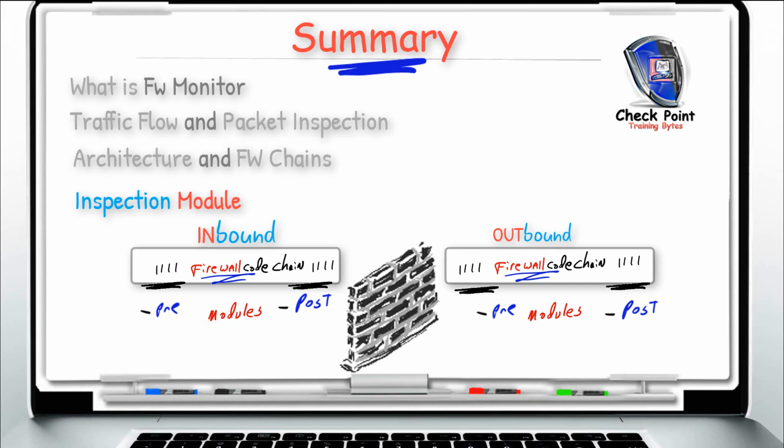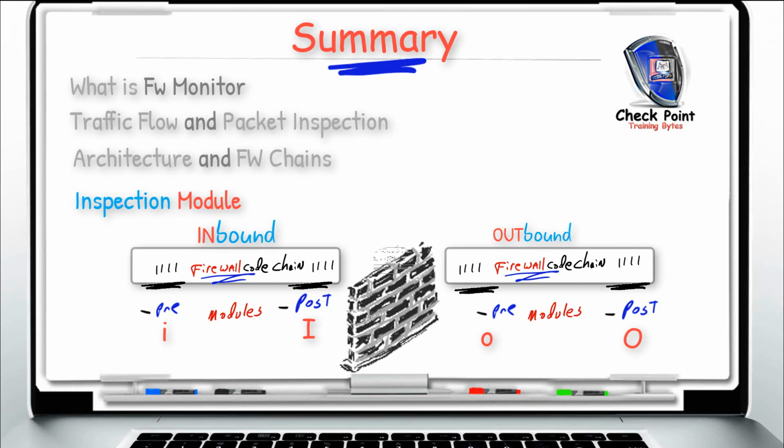On the inbound chain, the pre-inbound inspection modules we call the little i's, and the post-inbound inspection modules we call the big I's. On the outbound chain, the pre-outbound we call the little o, and the post-outbound we call the big O. Pre or post, little, big, your choice.